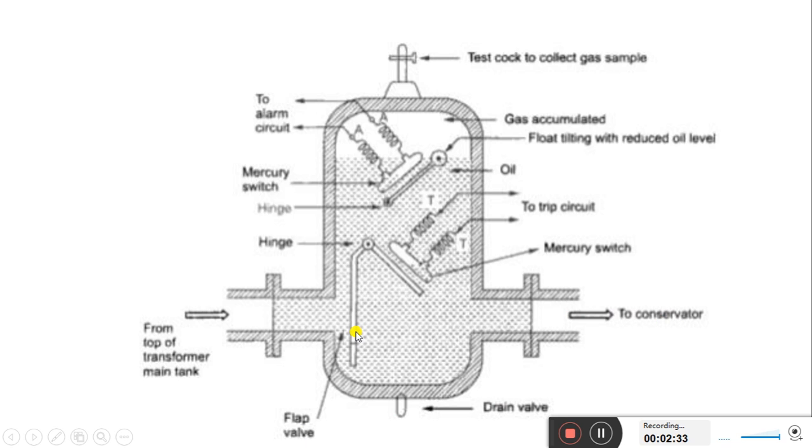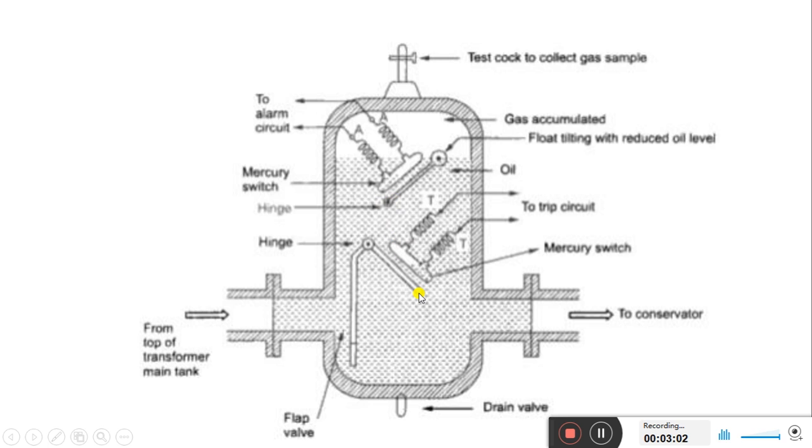So basically these two mercury switches play an important role in the protection of the transformer during internal faults, such as a short circuit fault or phase to phase fault, or if there is a fire hazard or heat developed inside the transformer and the oil gets heated up.